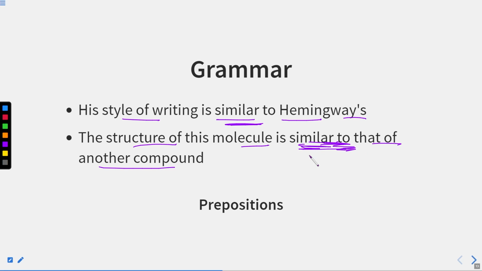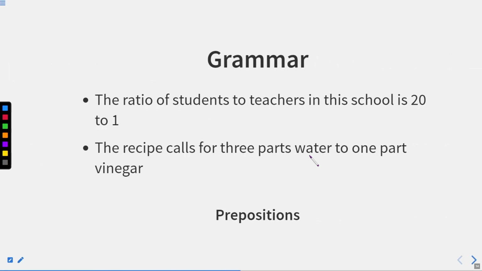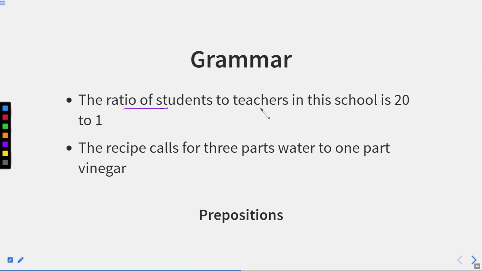Now, let us move to the next one. The ratio of students to teachers in this school is 20 to 1. It means 20 is to 1. That is, for every 20 students, there is only one teacher. The recipe calls for 3 parts water to 1 part vinegar.